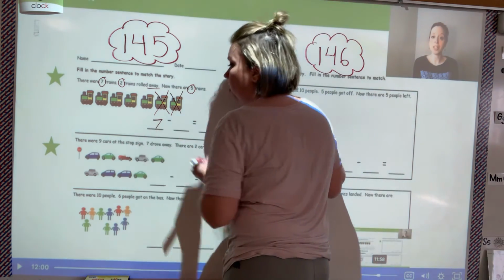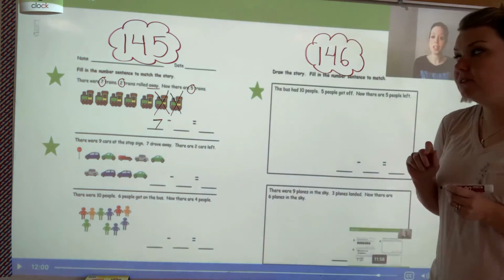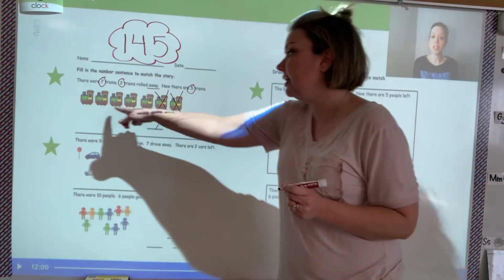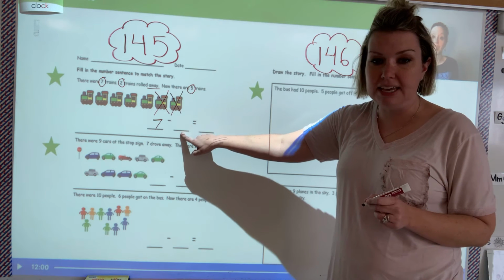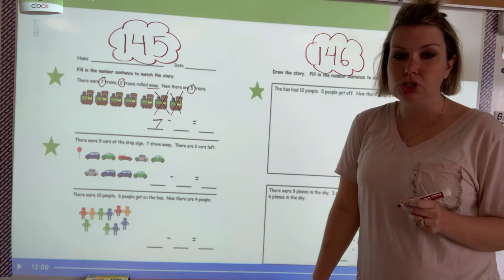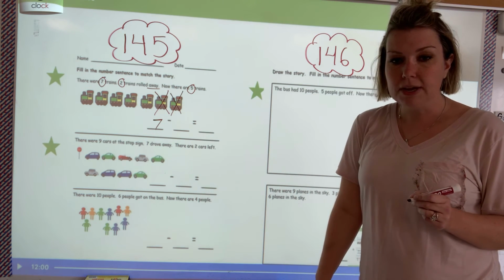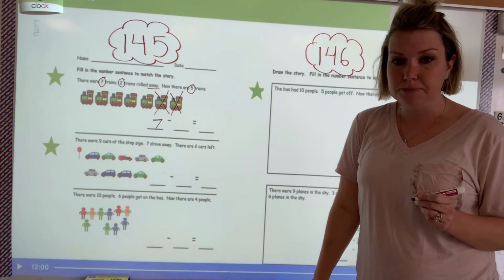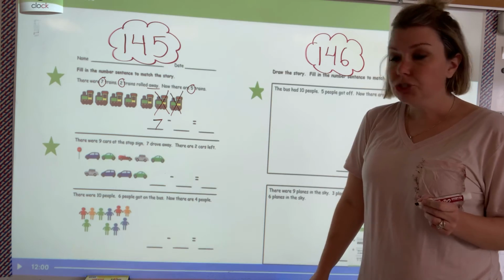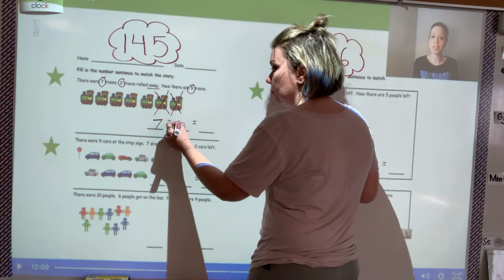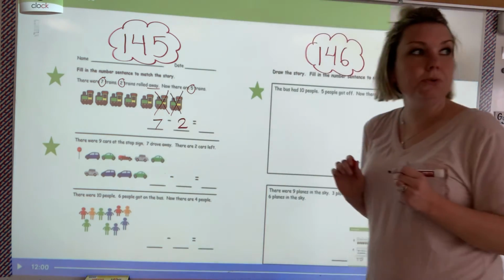I'm going to put my whole, 7, because we started out with 7 trains. What am I going to put in the next blank? Show me your fingers to show me the number. What number goes in the next blank? 2, right? Because 2 rolled away.